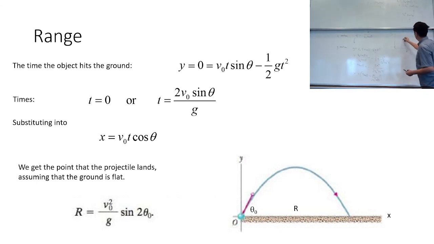But at any given time, it will have position x, y, right? That's the vector for it. And both of these things are time-dependent, right? So the x and y coordinates are changing with time. So this thing is just a formula to tell you what the position is at a particular time.